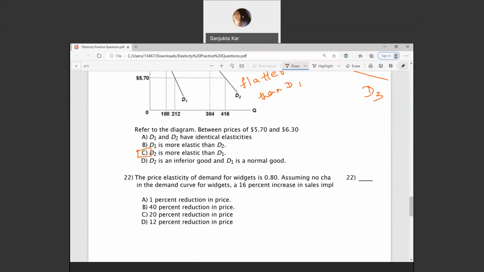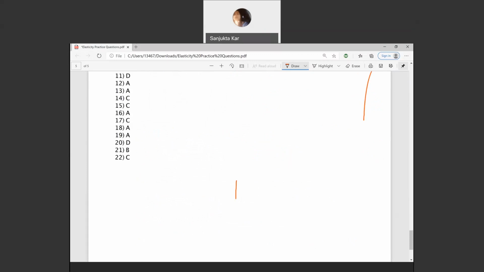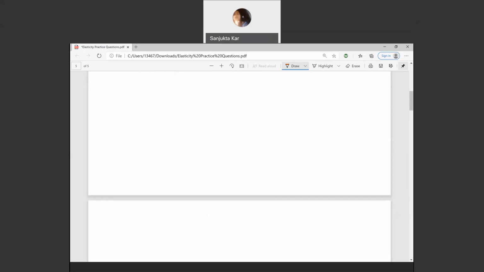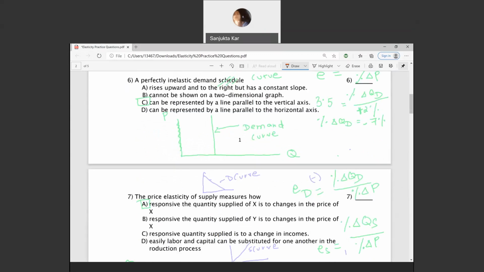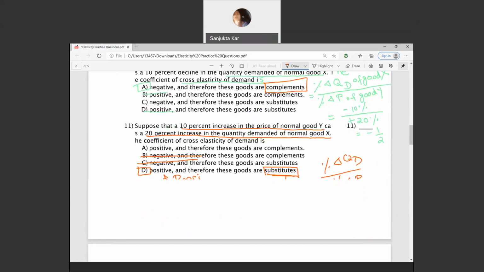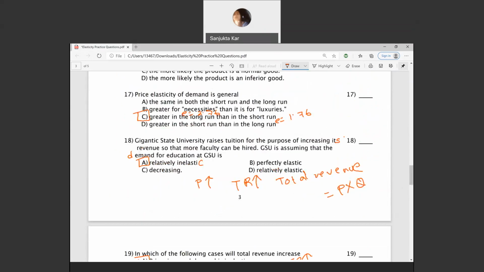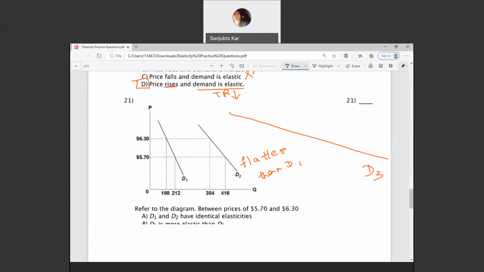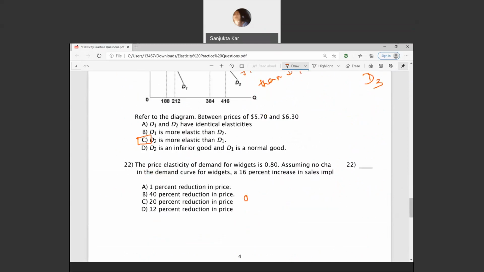All right, the last question. Price elasticity of demand for widgets is, right now, by now we should be a pro at the formulas and the definition. All right, price elasticity of demand for widgets is 0.8.